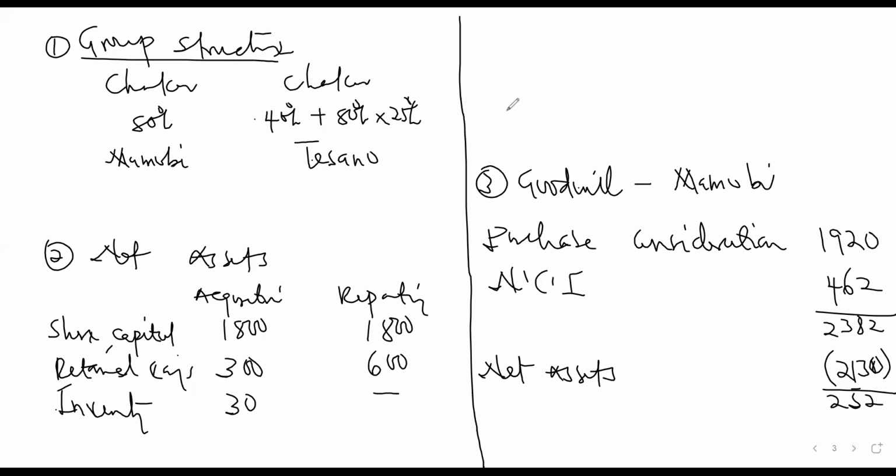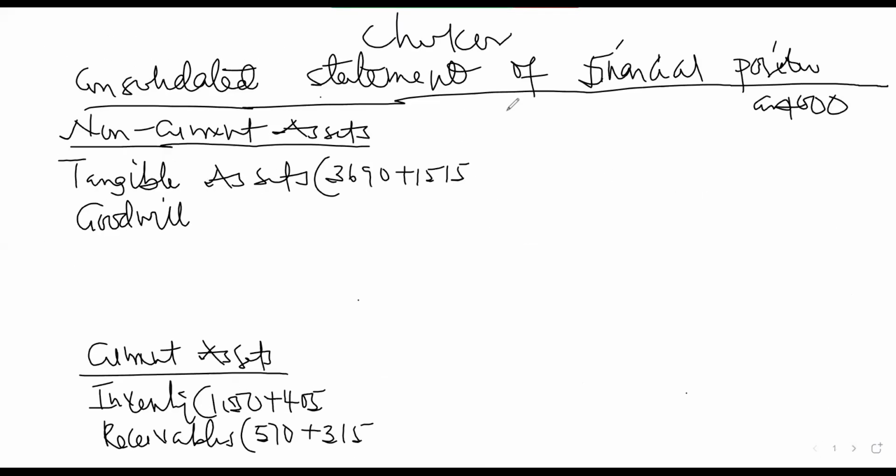Okay, so we have 60%. So it means that we can start consolidating them also. So let's go and put their assets together now. Let's start the consolidation of their figures because we have control over them.